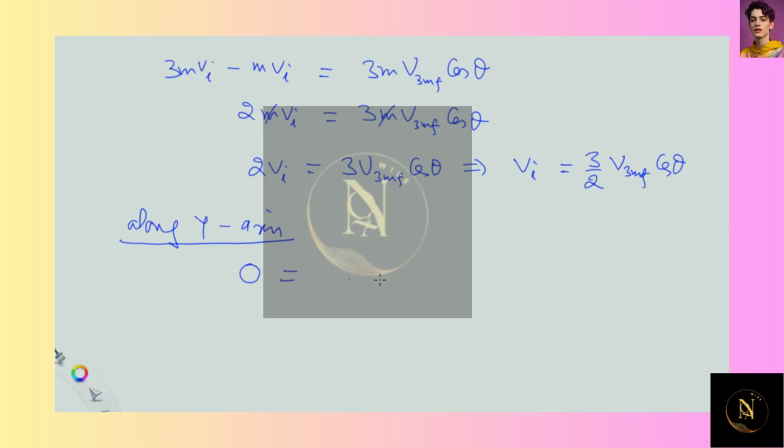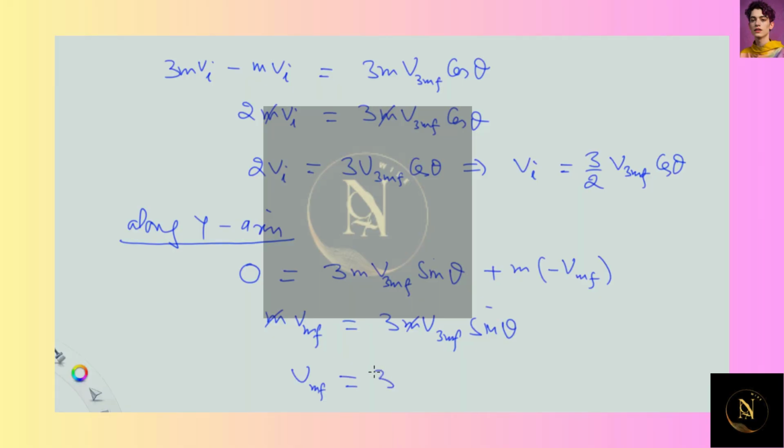And finally, this is 3m into v3mf sine theta along positive y-axis, plus m into minus vmf along negative y-axis. So m vmf becomes equal to 3m v3mf sine theta. Cancelling m again, vmf is equal to 3 v3mf sine theta.